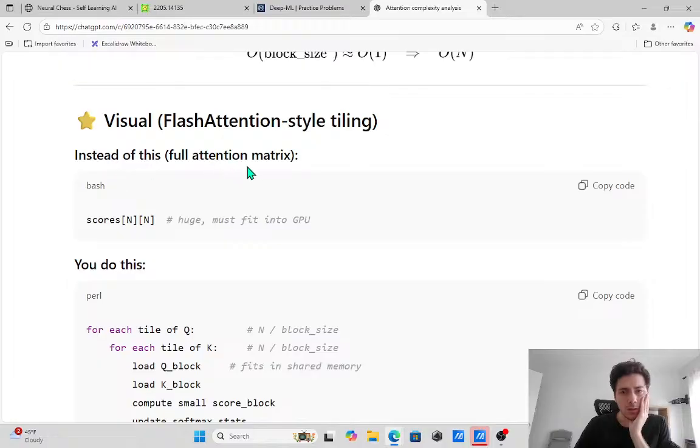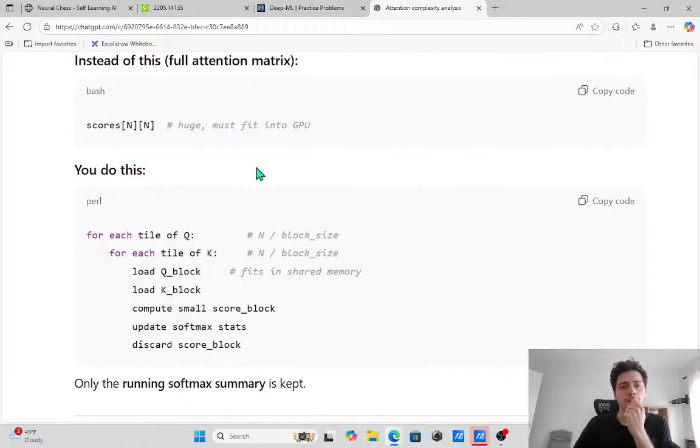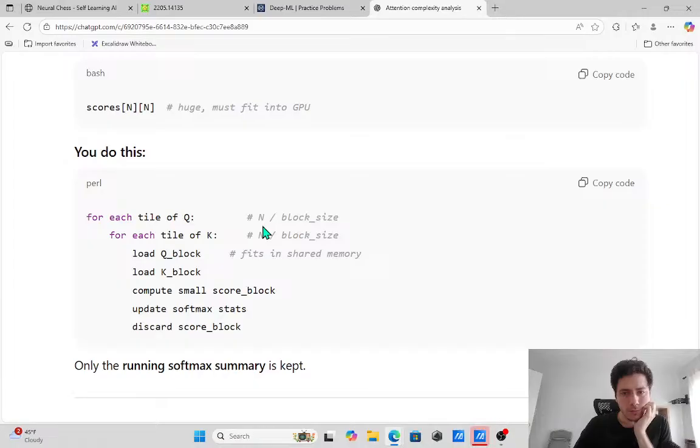For each tile of Q, for each tile of K, load Q, load K, compute a small score, update the softmax stats, discard the score block. Okay, and you're left with the softmax stats.